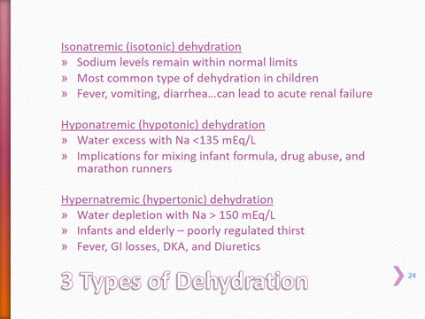So it's really important that you teach parents about how to mix formula. And also when they're in pediatrics and they're coming into the hospital or clinic, you would want to assess and make sure that the parents are mixing the formula properly.